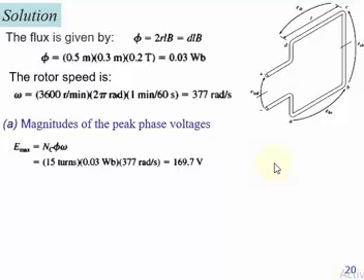We are given that there are 15 turns of the coil, so N would be 15 and the total answer would be 169.7.